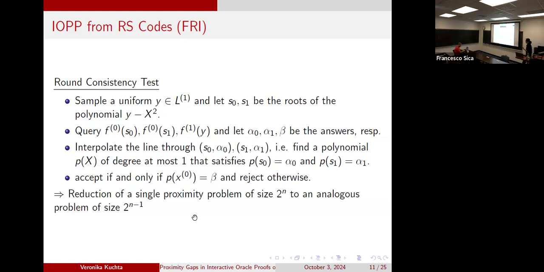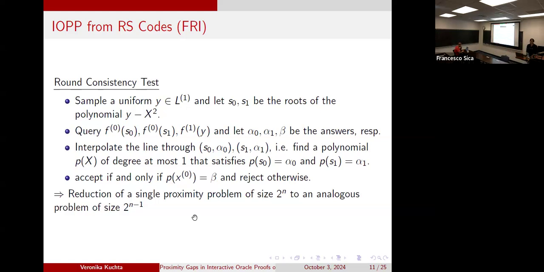If the prover knew f0, and the claim initially was done correctly, that f0 was a Reed-Solomon code, right? This consistency test is done as follows. The verifier would sample a uniform y from the domain L1, and s0 and s1 should just be the roots of this polynomial, y minus x squared.